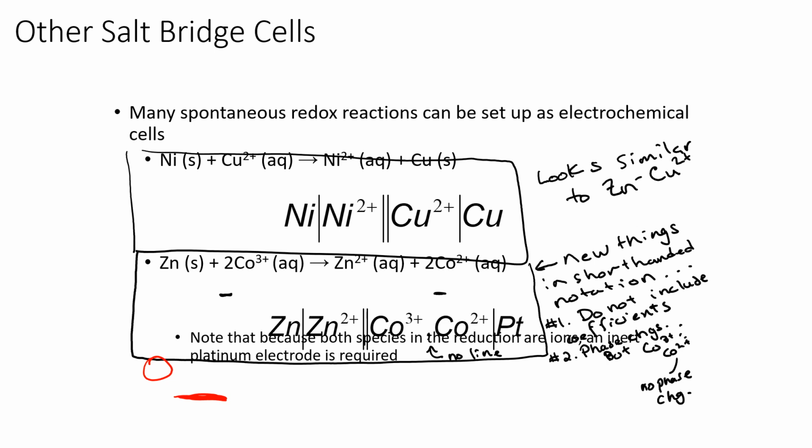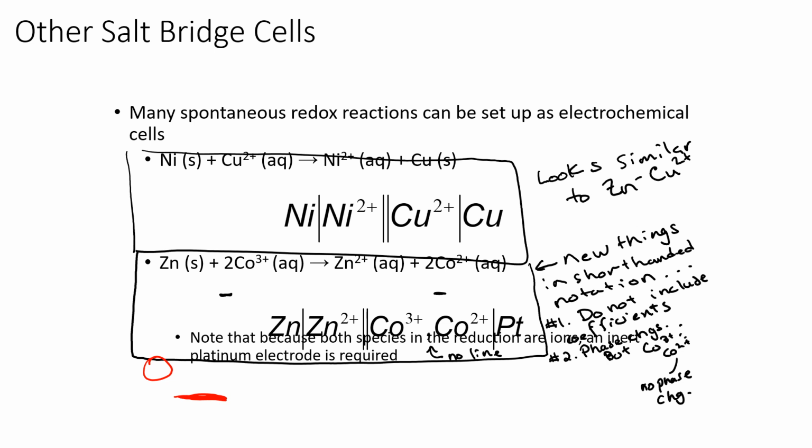Usually we're going to pick platinum. Platinum doesn't like to react with anybody, but it's really good at conducting electricity, or allowing the flow of electrons to go through it. That's another way of saying the same thing. So something like platinum is usually just stuck into that beaker.